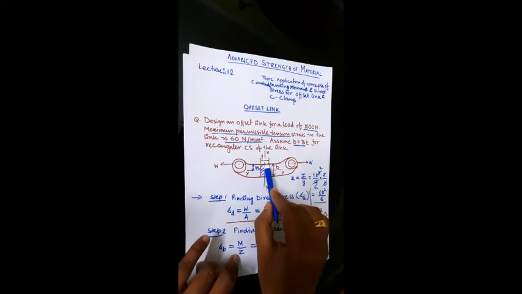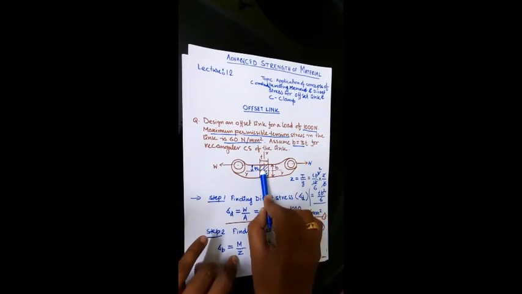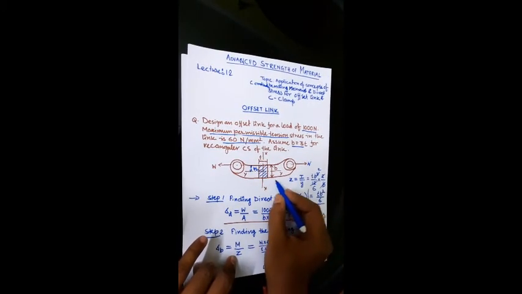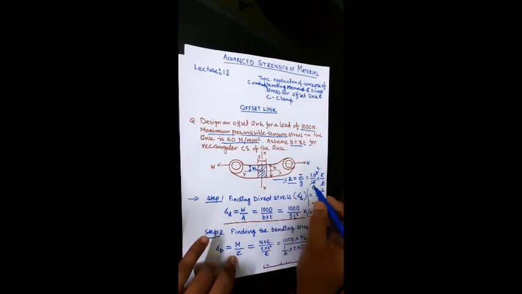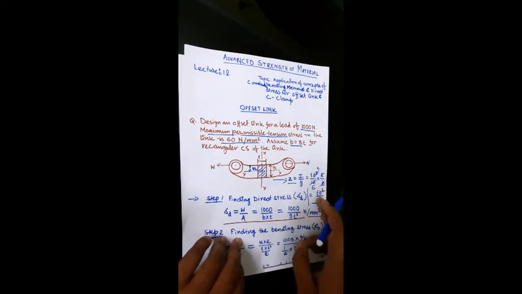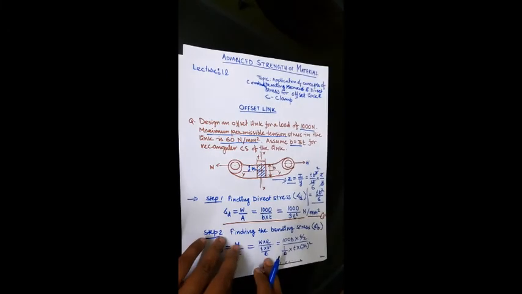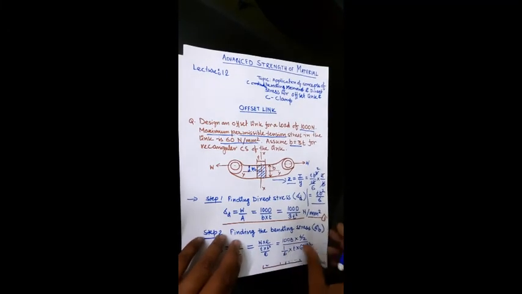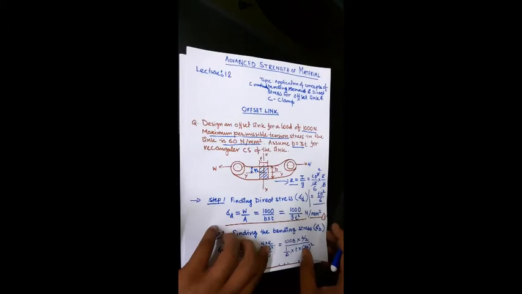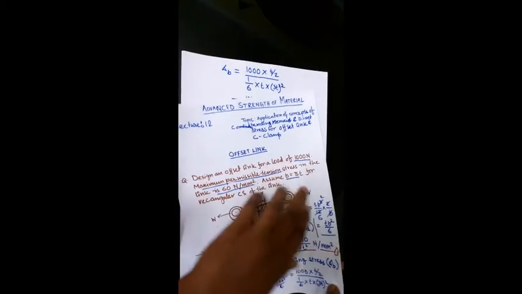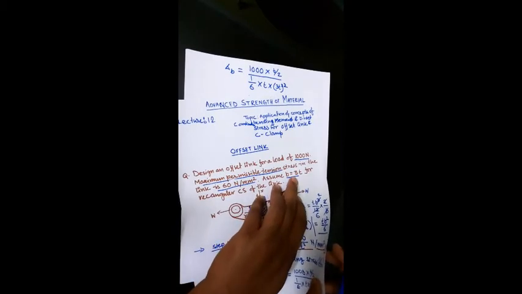Now for this rectangular section, the section modulus Z is equal to I by y, and if we calculate the value of I by y, that becomes t b square by 6. Now we simplify this, and in place of b we put the value 3t as given in this problem.